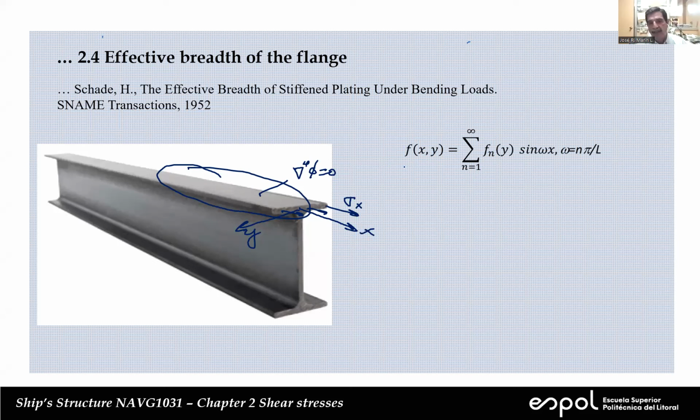The variation of the function is slower in the x direction compared to the y direction. So he assumed this variation in the x direction. In the y, he tried to solve it. Now in this case, omega is defined as this one, with L the total length of the flange. See, from here to here, this is length.